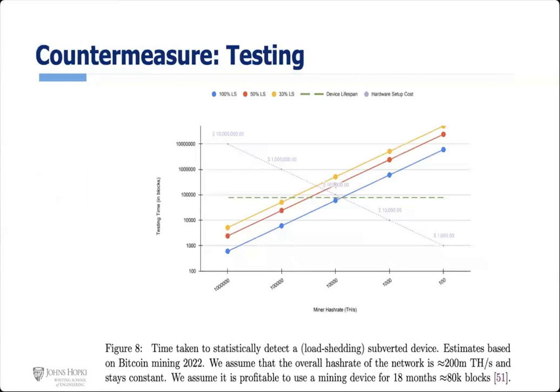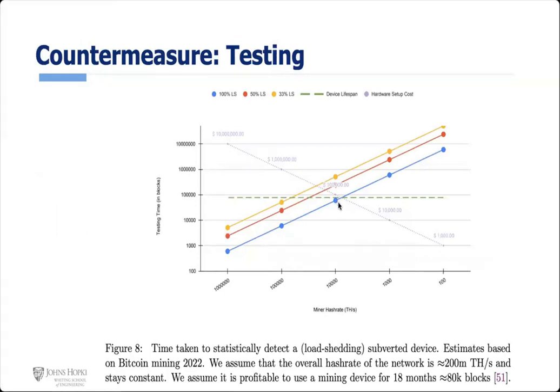Here's one of the scariest analyses from the paper. This is a graph which plots the hash rate of the device you bought versus the testing time for you to be able to say with high confidence whether your device is subverted or not. If you see the line here, there's a point.